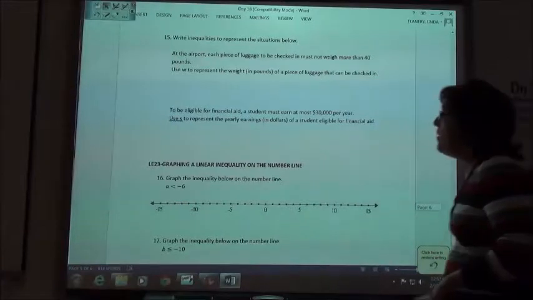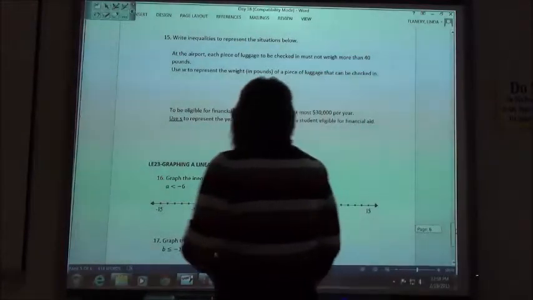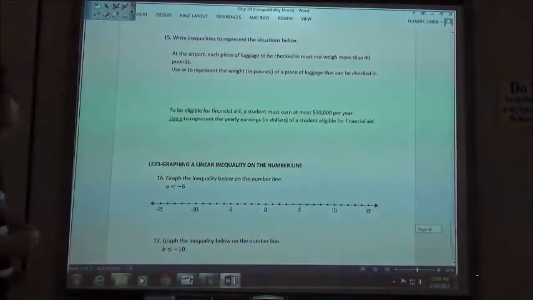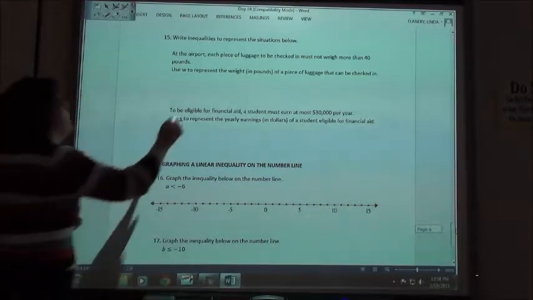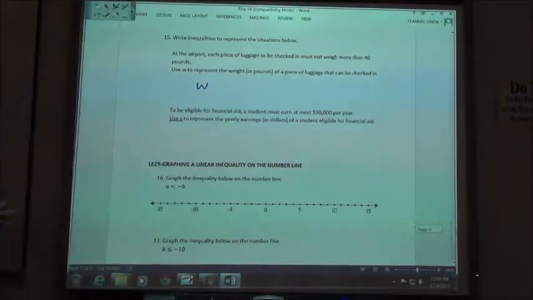Number 15, at the airport, each piece of luggage to be checked must not weigh more than 40 pounds. W is going to be my weight. If I must not weigh more than 40, must not be more.